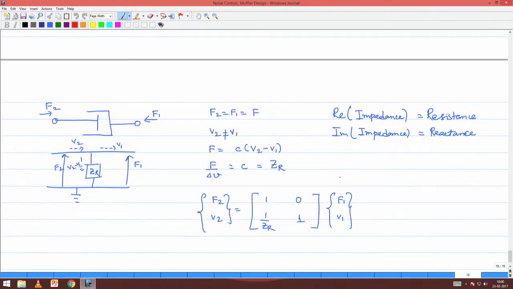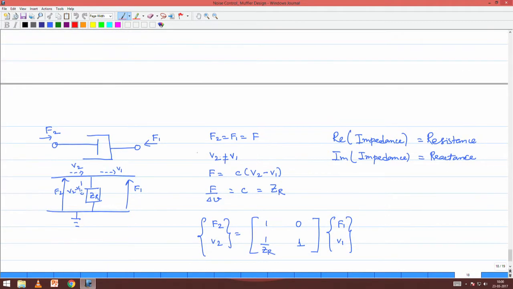And lastly, for the damping element also in a similar fashion, we understood that the force of the input and the output port in a damping element has to be the same. The velocities could differ. So, accordingly the velocities here are V2 and V1, and this could possibly be different.